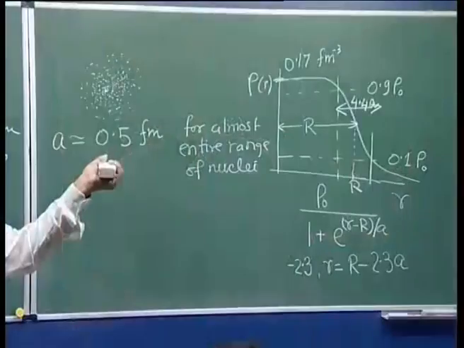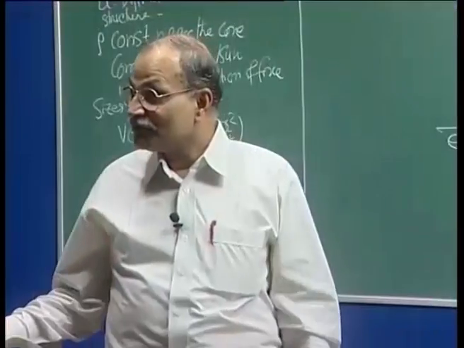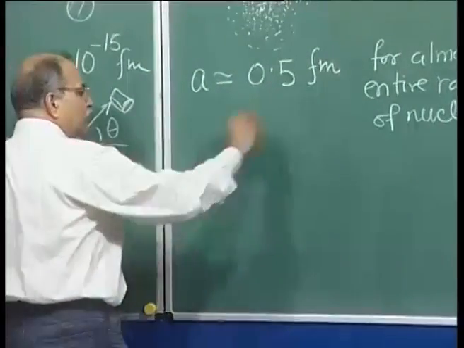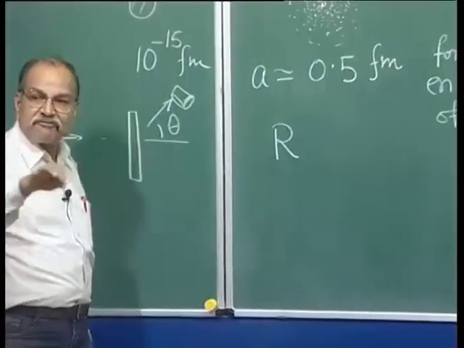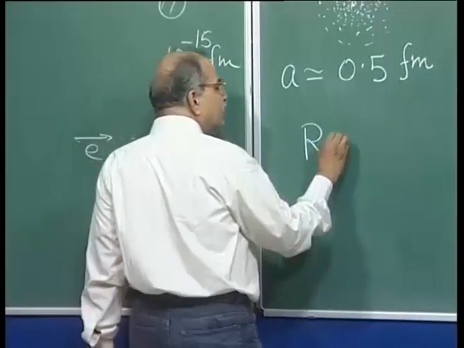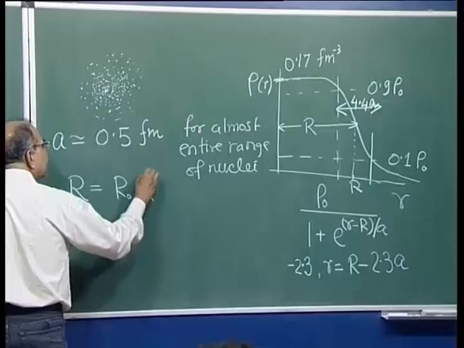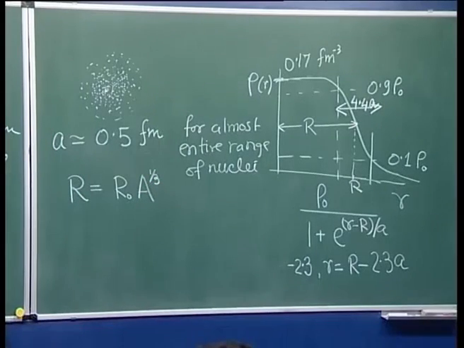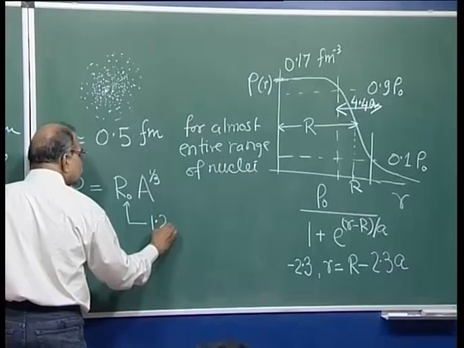Small a is almost the same for all nuclei, but capital R will be different. If you calculate this capital R for different kinds of nuclei, you find that R turns out to be some constant times A to the power 1/3, with this R naught almost 1.2 femtometers.